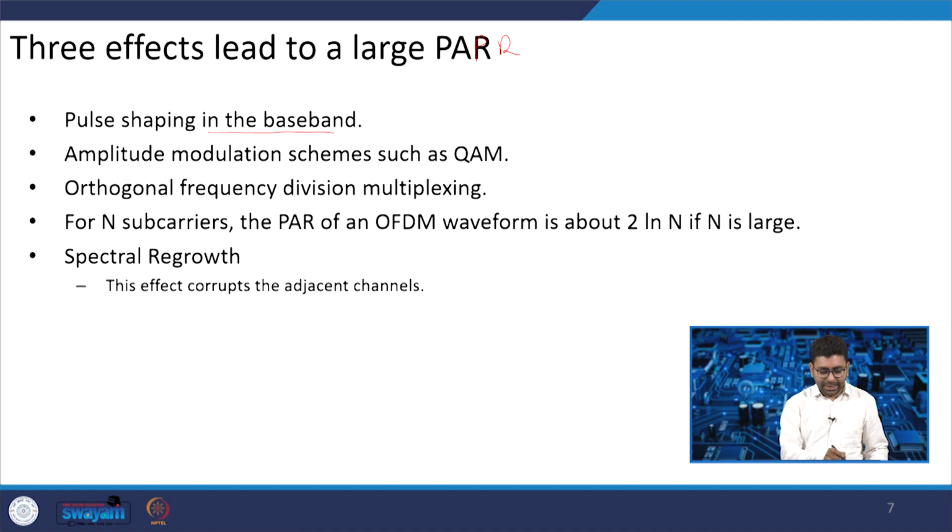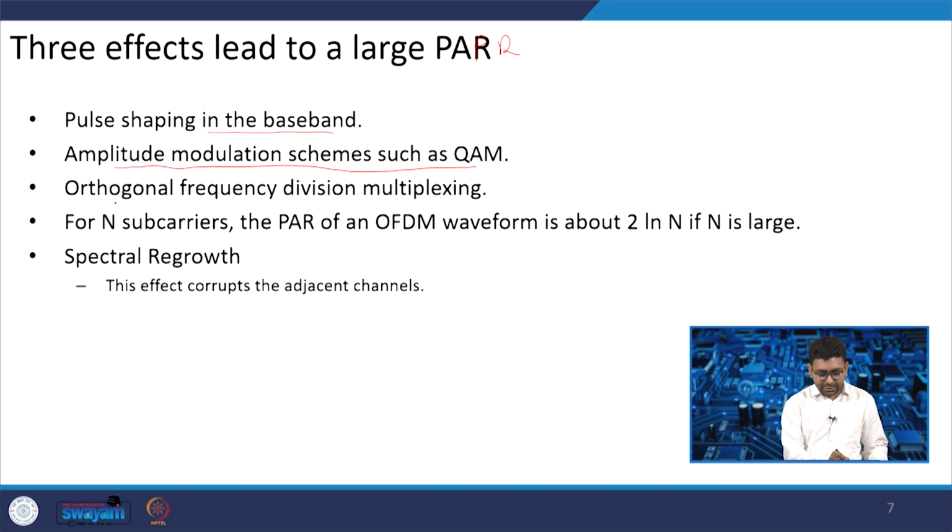And there is another point, that is the amplitude modulation scheme such as QAM. In the last class we also saw that QAM has multiple levels. So if you are using 64 QAM, then it has around 8 levels, and the amplitude will change. So these two things add too much change in the amplitude or envelope variation.